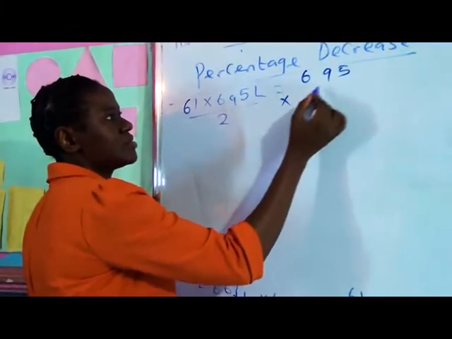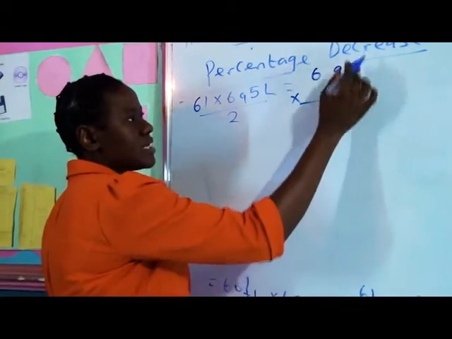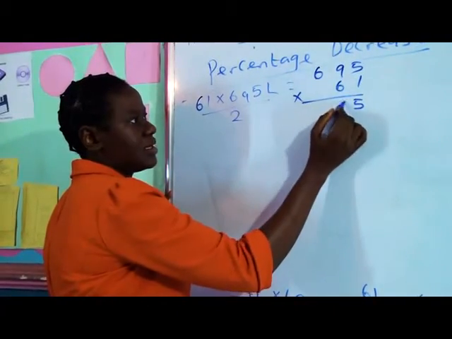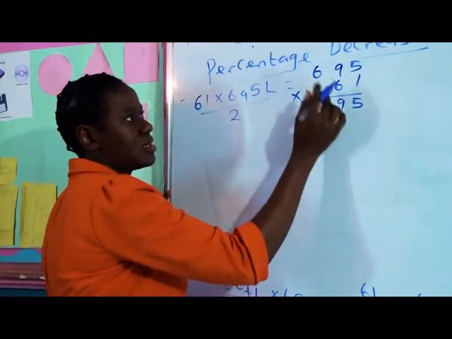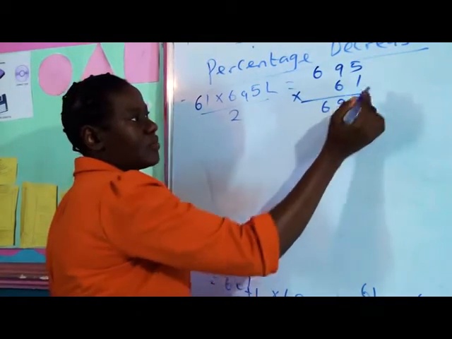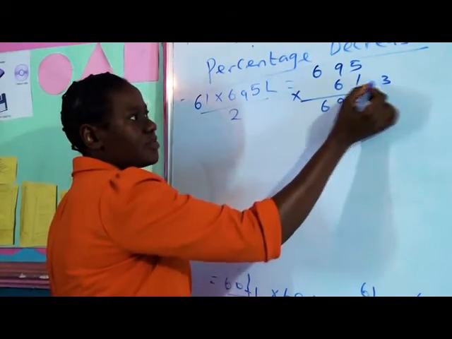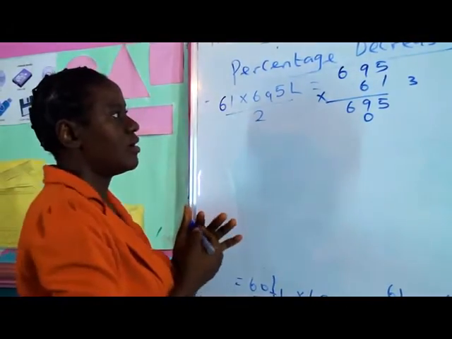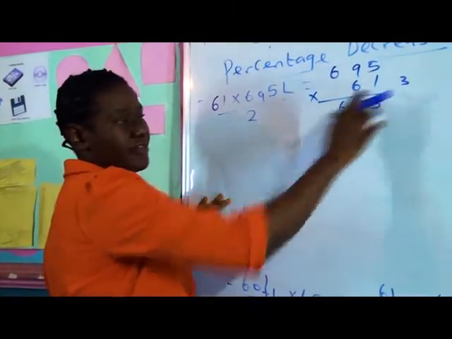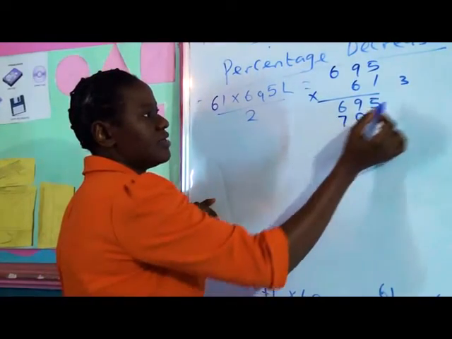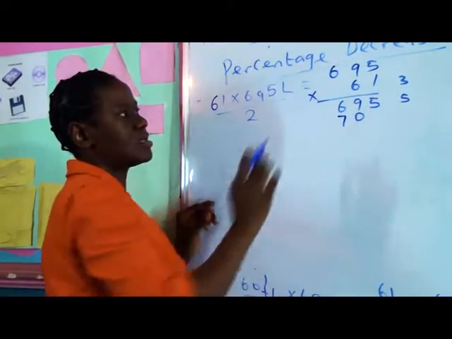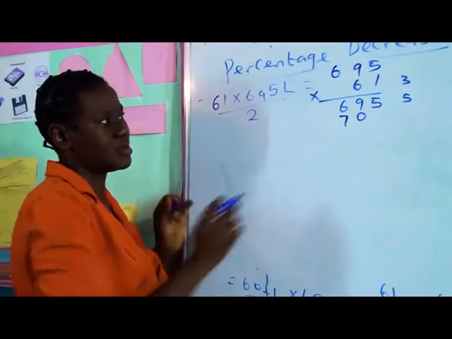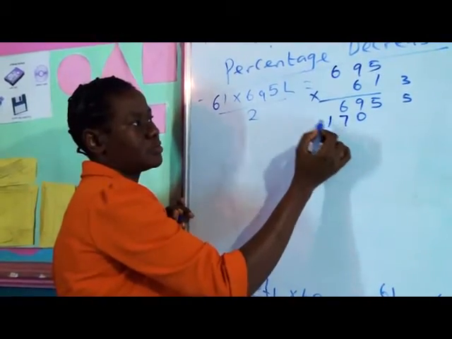695 times 61. 1 times 5, 5. 1 times 9, 9. 1 times 6, 6. 6 times 5, 30. I put down my 0 and leave 3. 6 times 9, 54. 54 plus 3, 57. Write 7, leave 5. 6 times 6, 36 plus 5, 41.